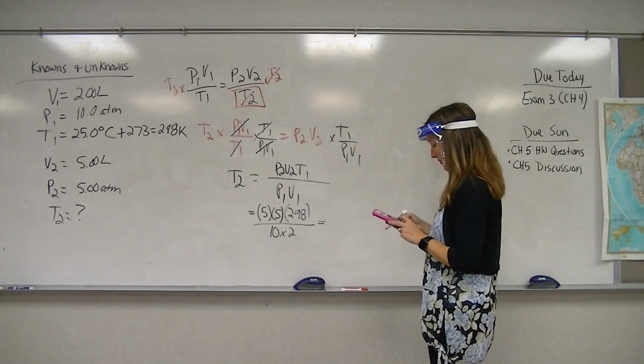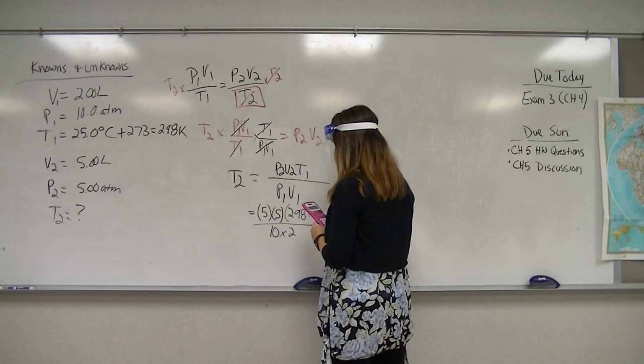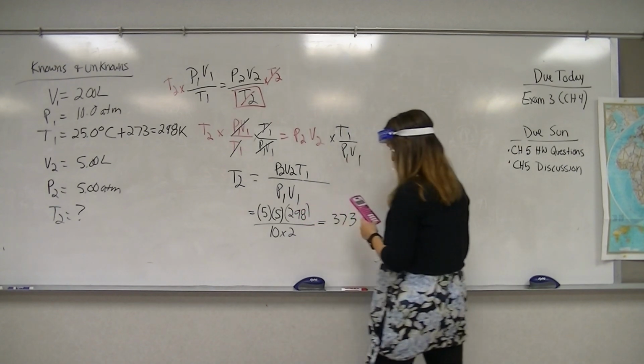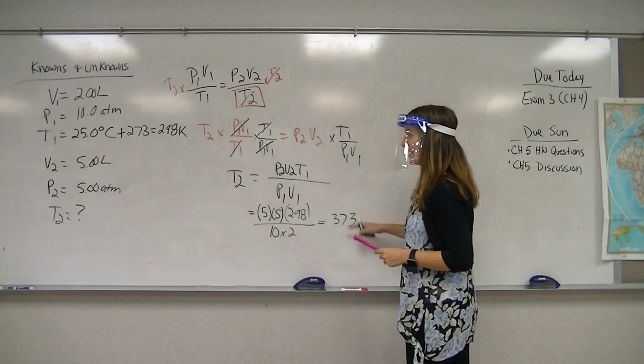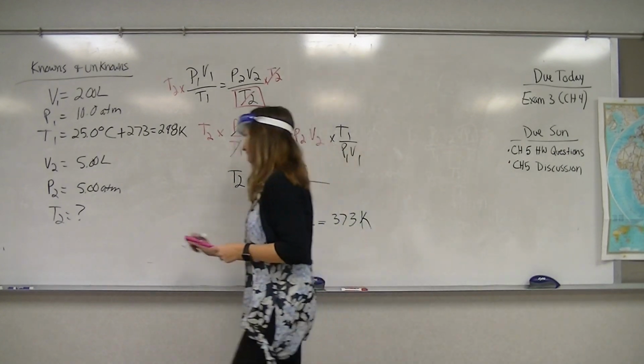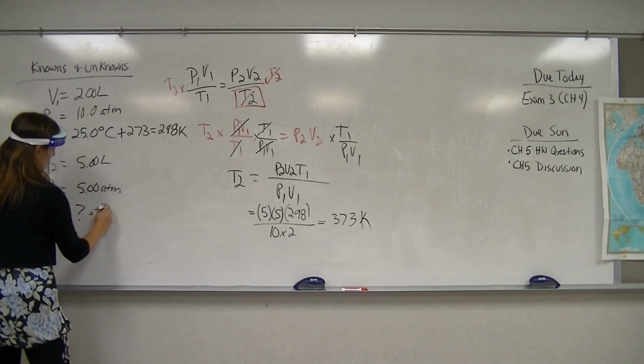Multiply by what's on top, 5 times 5 times 298. Divide by what's on the bottom, 10 times 2. And I get 372.5, but I only want 3 sig figs, so I'm going to round that up to 373. The units, it's a temperature, needs to be in Kelvin. 373.